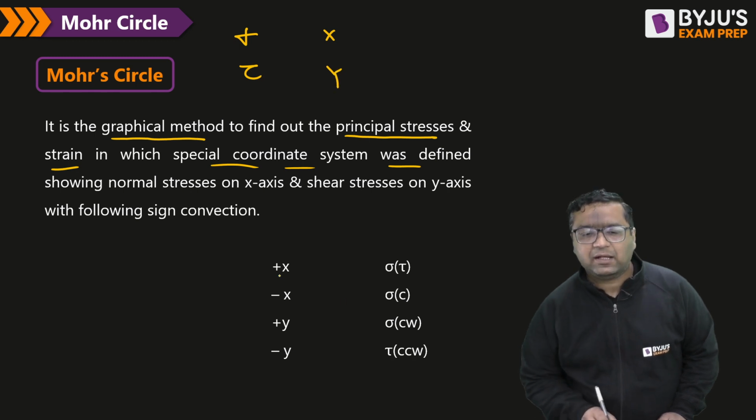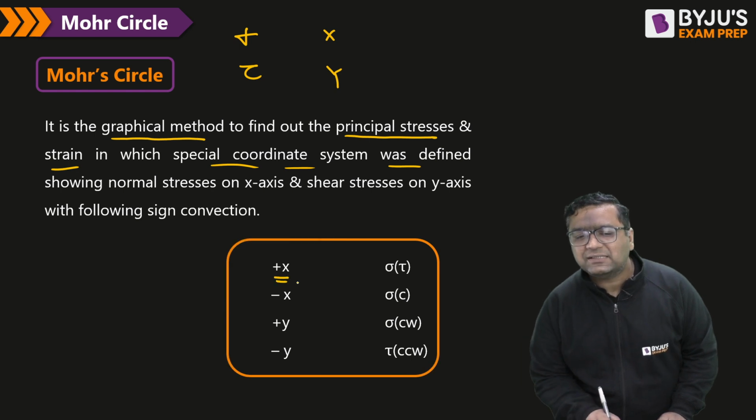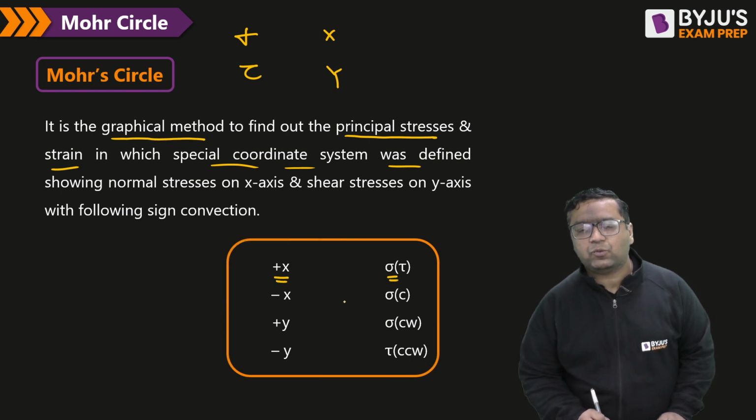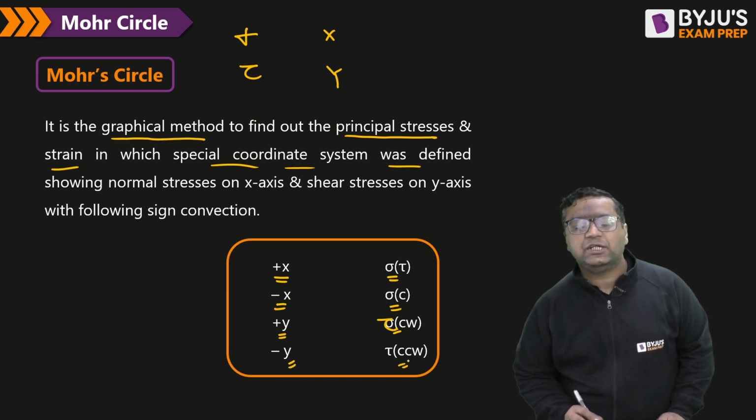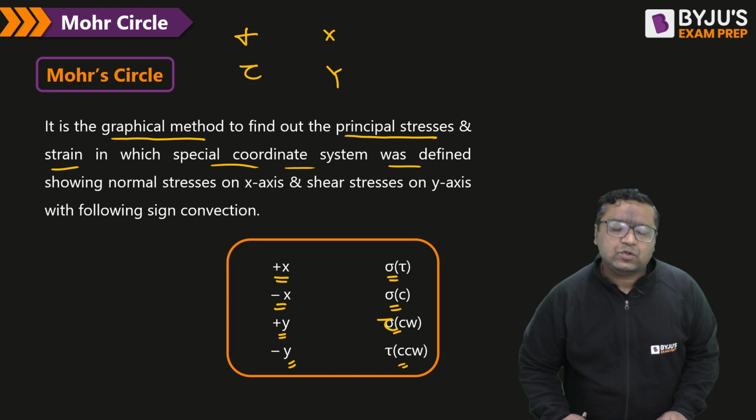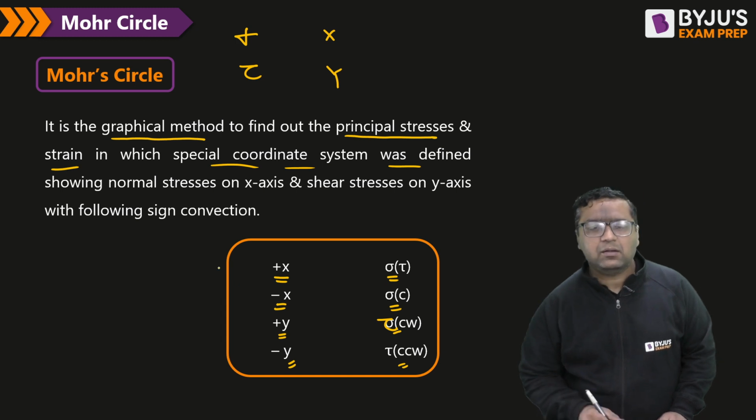The positive x-axis is for normal stress positive or tensile, the negative x-axis for normal stress compressive, the positive y-axis for shear stress clockwise, and the negative y-axis for shear stress anti-clockwise. This was the coordinate system taken by Mohr.